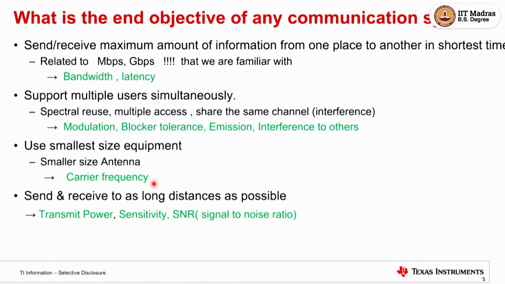And then the other part is to send and receive over distances as long as possible. This is one of the key aspects of any communication system. You want to send to a very far place, because you're not communicating with someone nearby. You want to communicate as far as possible. From a communication system perspective, there is a transmitter, you have to send power, and you have all these base station towers.